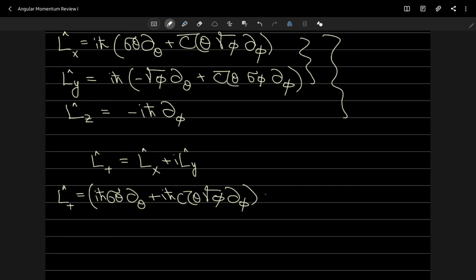And then I have plus iota, right, which is this one. And now I'll write the Ly component from this equation, right? So what's that?